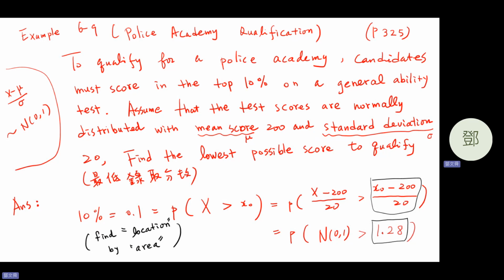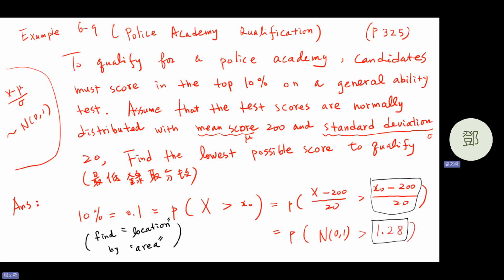Assume that the test scores are normally distributed with mean mu 200 and standard deviation sigma 20, and find the lowest possible score to qualify.